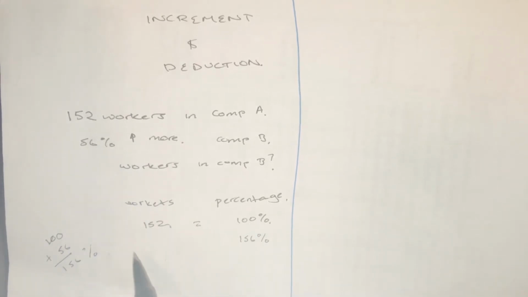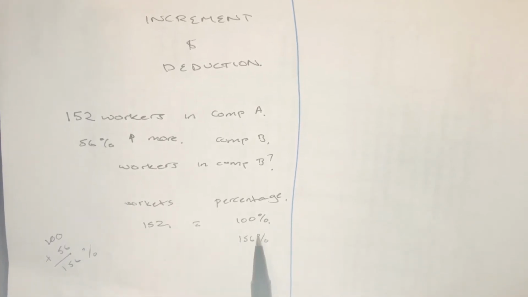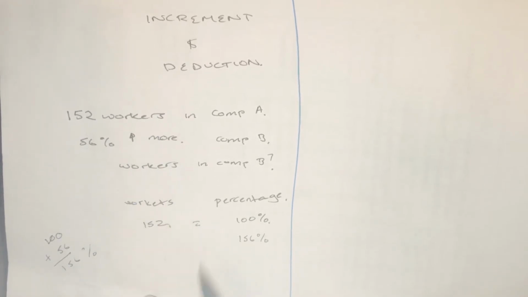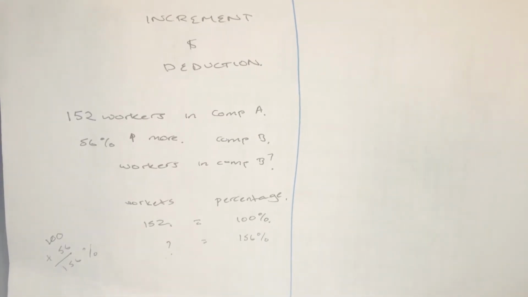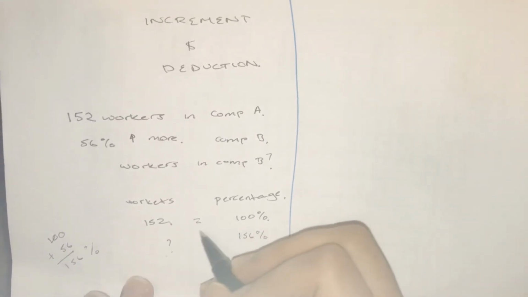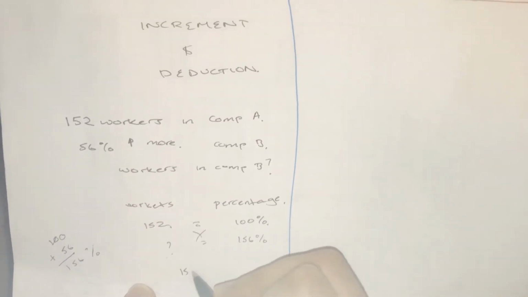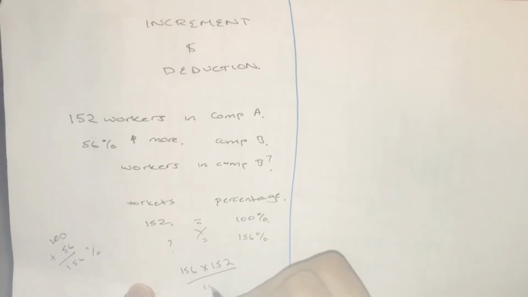So 152 workers is 100%, and 100% plus 56% is equal to a question mark. You know how to solve rates, right? You just cross multiply. That is, you take 156 times 152 divided by 100.